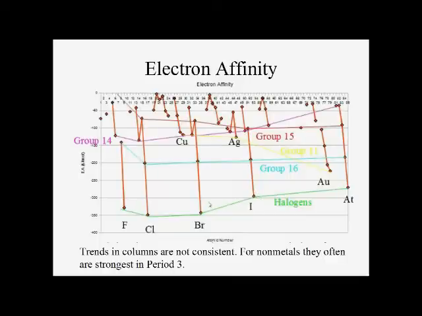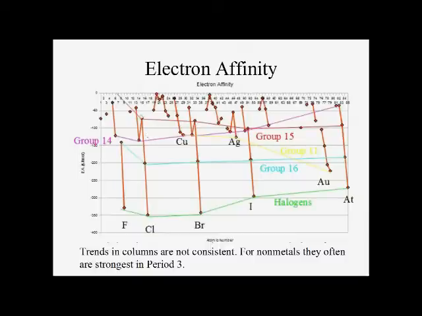So we don't have a consistent trend for group 17, 16, 15. We are the most stable on period 3 with a slow decrease in stability from there. But that trend doesn't follow for group 15, so it's not a consistent trend up and down the group.